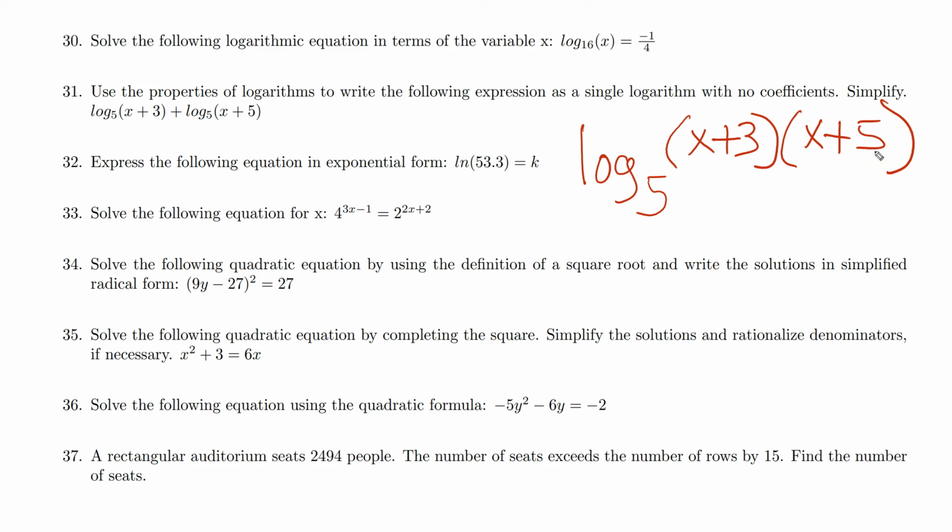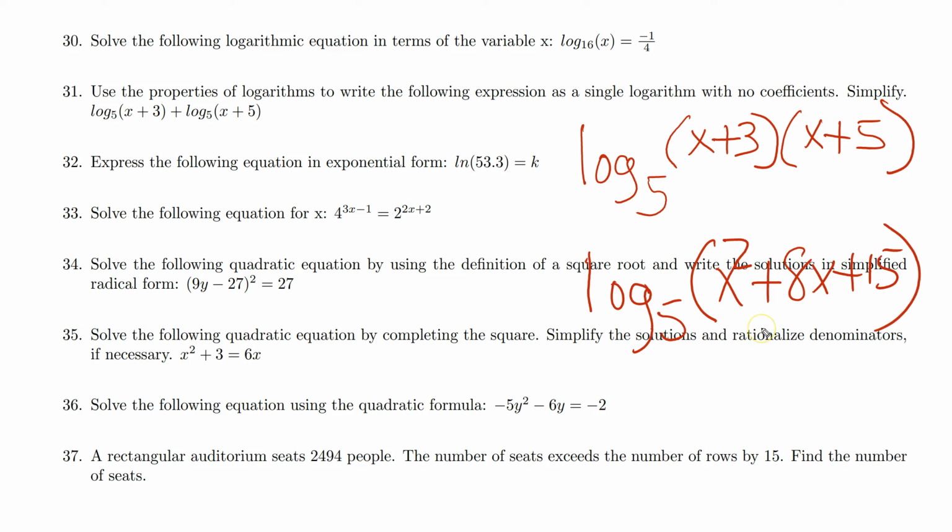And I don't think they want it in this form. They want you to expand that, so it's log base 5 of x squared plus 8x plus 15. That's what I think the answer is. Again, I don't have the answer sheet, but that seems reasonable to me.